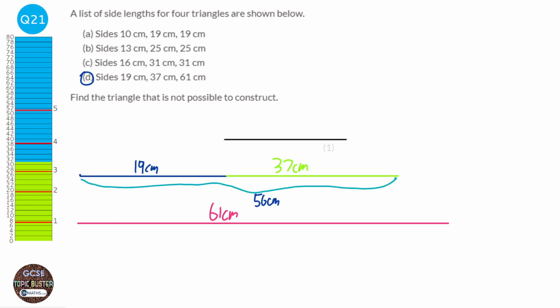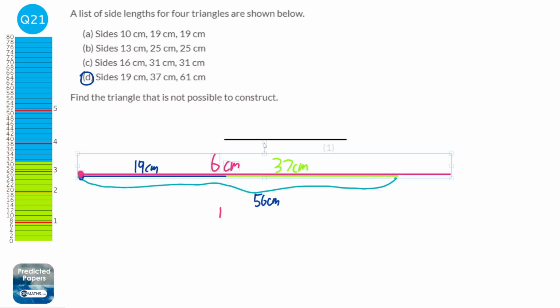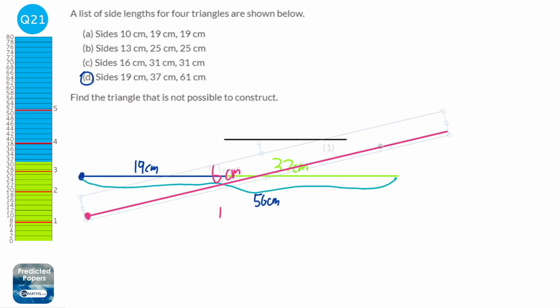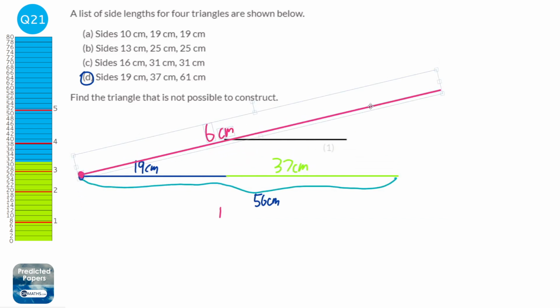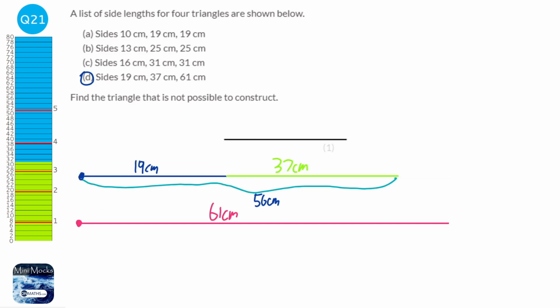We could move this whole stick onto this side, but we can't make a triangle with it because the two lengths that we've got won't ever reach the end bit here. And I'm just going to put that back. So our answer is option D.